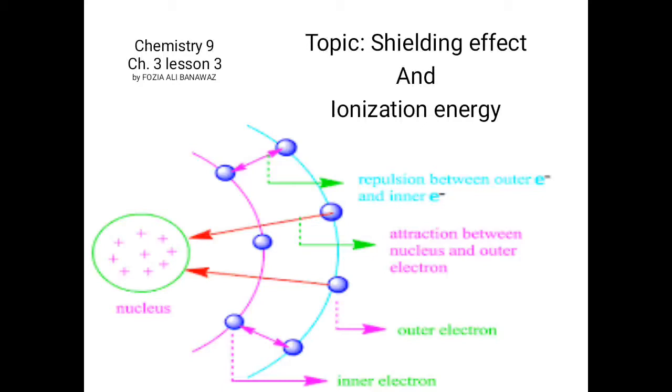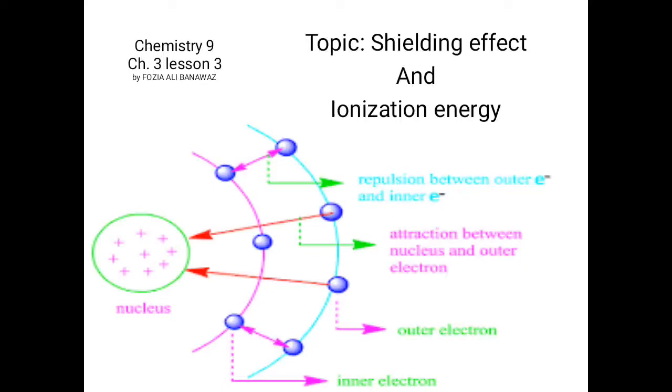Class, today I am with lesson number 3 from chapter number 3. And the topic of today's lesson is shielding effect and its trend, ionization energy and its trend. We are talking about the periodicity of properties in a periodic table.